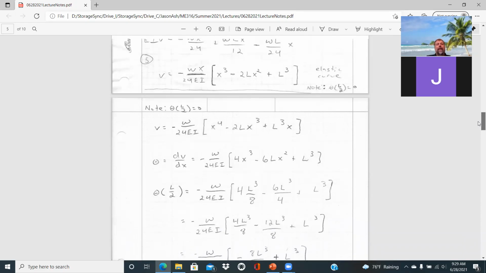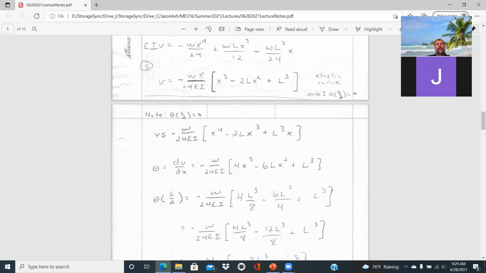And so we can plug that in. We have our displacement as a function of x, and so we can solve now for the slope, equal to dv/dx. Doing that, it's a little bit easier to move your x back into the relationship there.